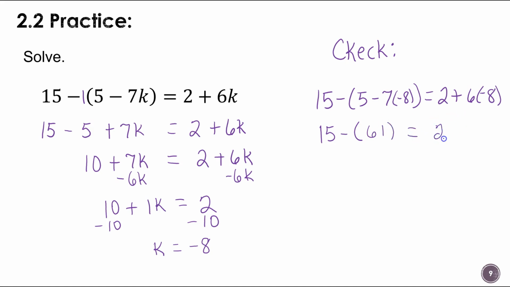This is going to be 2 plus negative 48. Hopefully these come out to be the same thing. So if I take 15 away from 61, that's going to be a negative 46. And this side is also going to be a negative 46, and you can see that it checks.